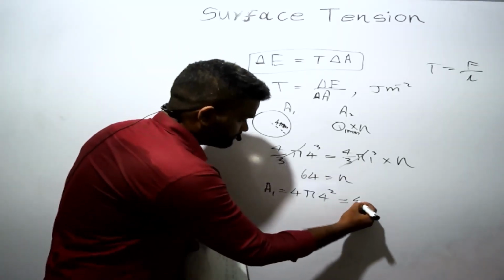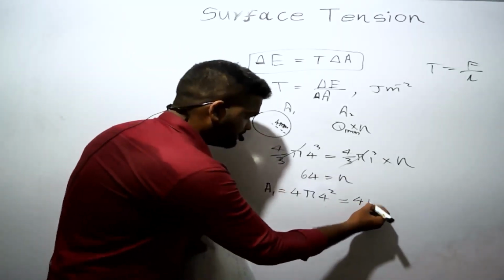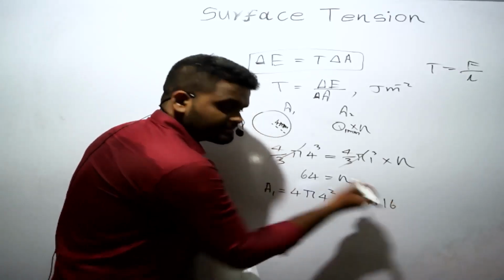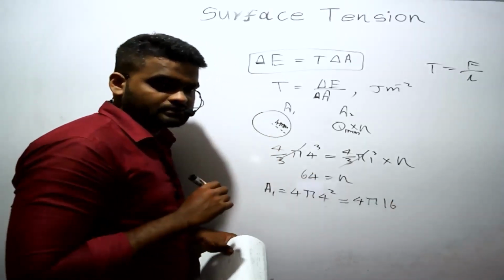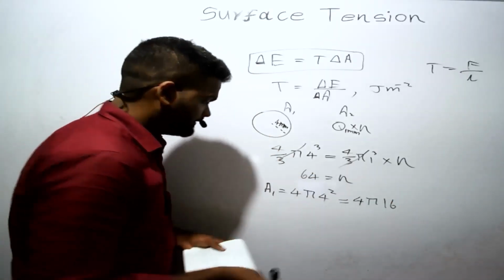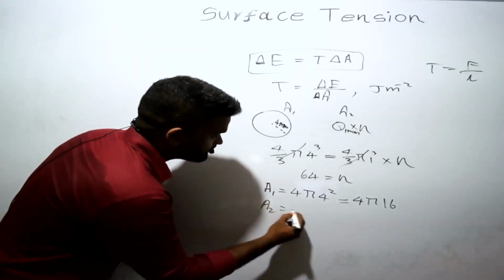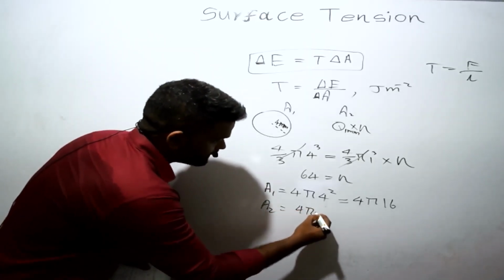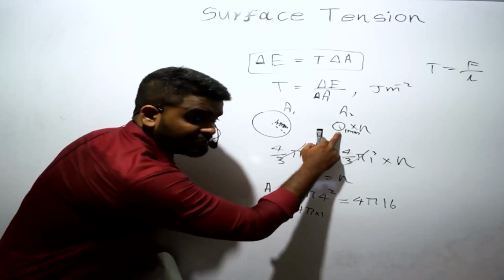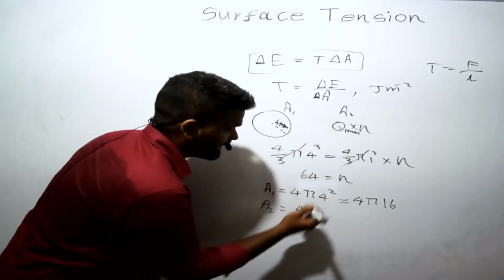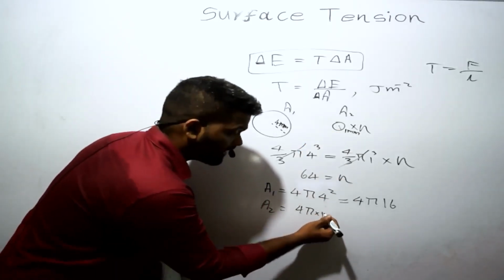So 4 pi times 16. That is A1. Then A2: for a small sphere, the area is 4 pi times 1 squared.